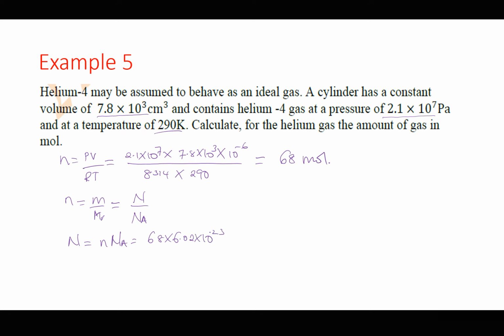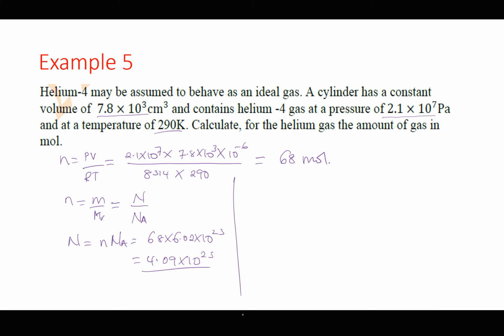You press your calculator, 68 times 6.02 exponent 23. The number of molecules of the gas will be 4.09 times 10 power 25. That is to three significant figures. That would be the number of molecules.